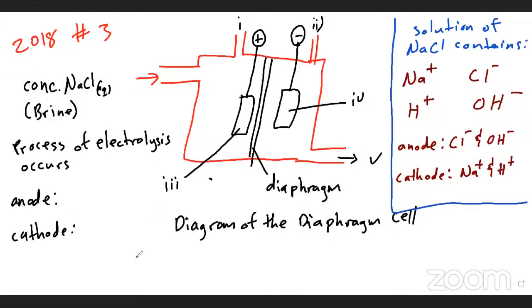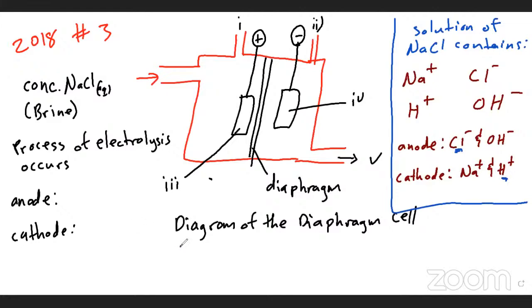The next thing that you should be able to explain is which one of these ions are going to take part. So is it the chloride or the OH ion? And is it the hydrogen or the sodium ion?